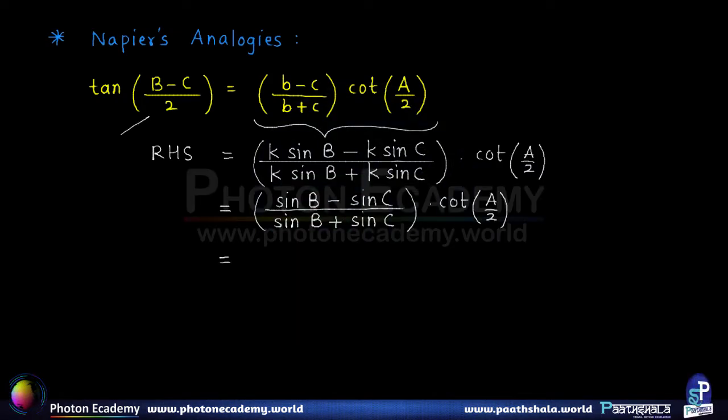If you look at the left side, we have the half angle form, that is (B minus C) by 2. So that gives us a hint that the expressions inside the bracket must be factorized so that we get the half angle terms.